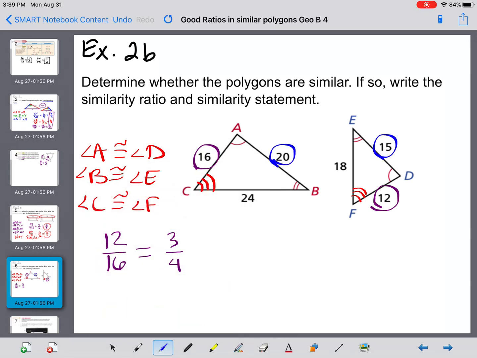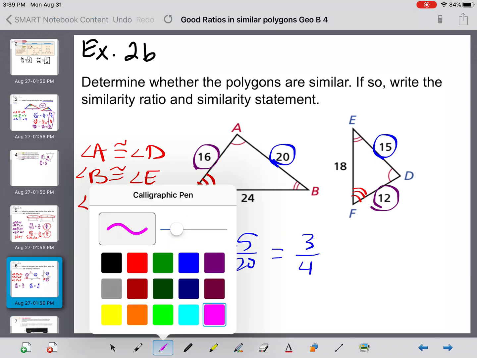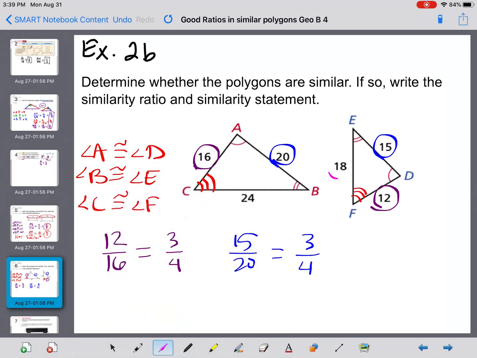AB corresponds with ED, so 15/20. That also would reduce to 3/4. Side EF corresponds to BC, so 18/24, which is 3/4.